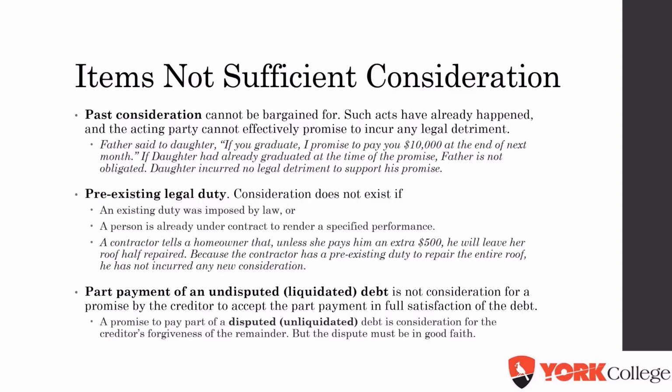In that case, because it's not necessarily known if they are the one to actually get the debt, they're allowed to promise to drop their claim to the debt. So this is one of those smaller scenarios in which consideration is valid in the disputed debt case, but not valid in the undisputed debt case.